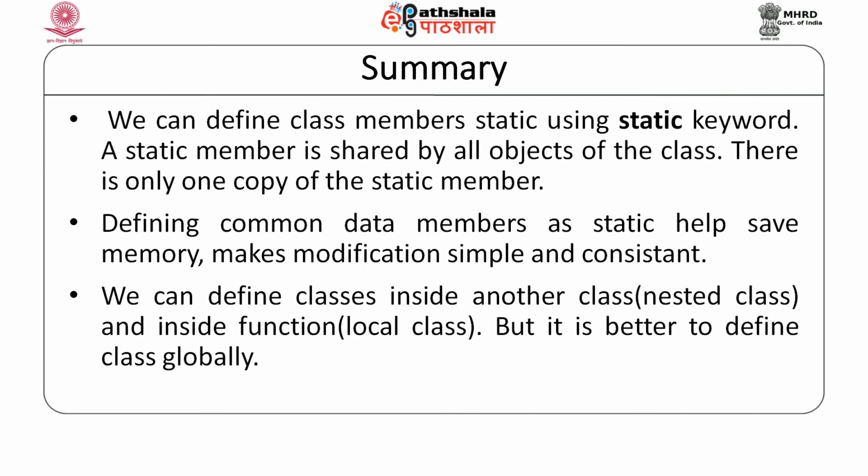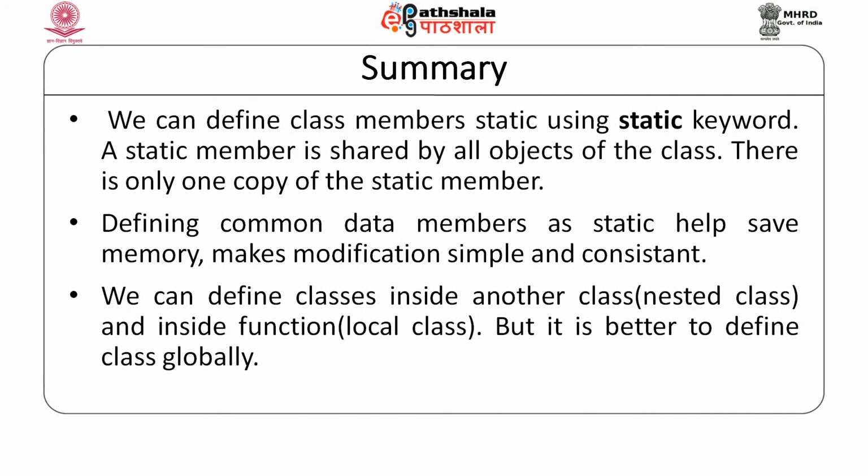Because of defining a common data member as static, it helps us save memory. It also makes modification simple and consistent. We have also learnt that we can define a class inside another class, which we call a nested class, and we can also define a class within a function, which we call a local class.